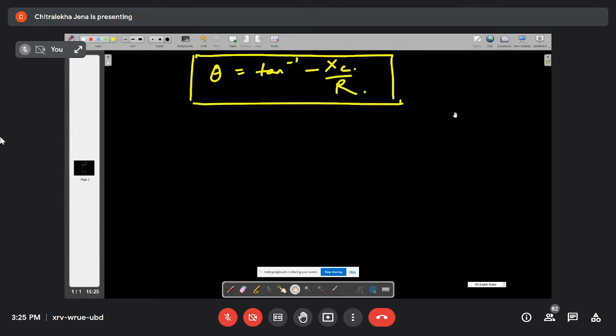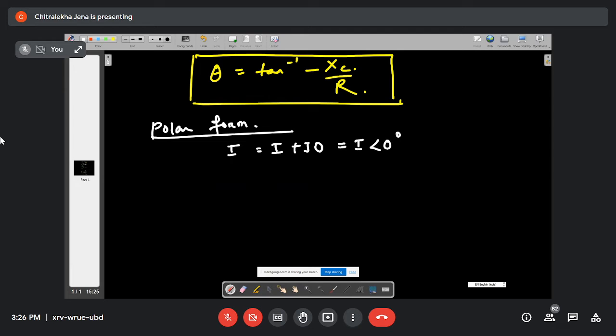Okay. So now I will tell you why it is necessary to use this phasor algebra. Listen to me very carefully. I have told you I can write down the current, I plus J0, taking it as the reference, that is I at an angle 0 degree. Z I will write down as R minus J XC, that is Z is present at an angle how much?